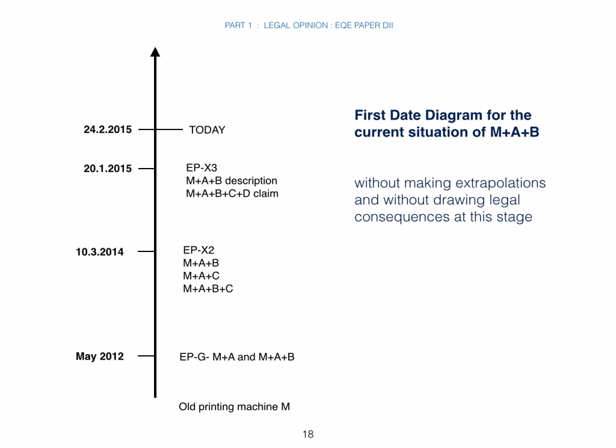The relevant timing from bottom to top, from the past to the future, is therefore: EPG is filed in May 2012 and covers M plus A and M plus A plus B. EPX2 is filed 10th of March 2014 and covers M plus A plus B, M plus A plus C, and M plus A plus B plus C. EPX3 is filed 20th January 2015 and it includes M plus A plus B in the description and a disclaimer to M plus A plus B plus C, D. Again, this is just entering the bare facts without making extrapolations or drawing legal consequences at this stage.